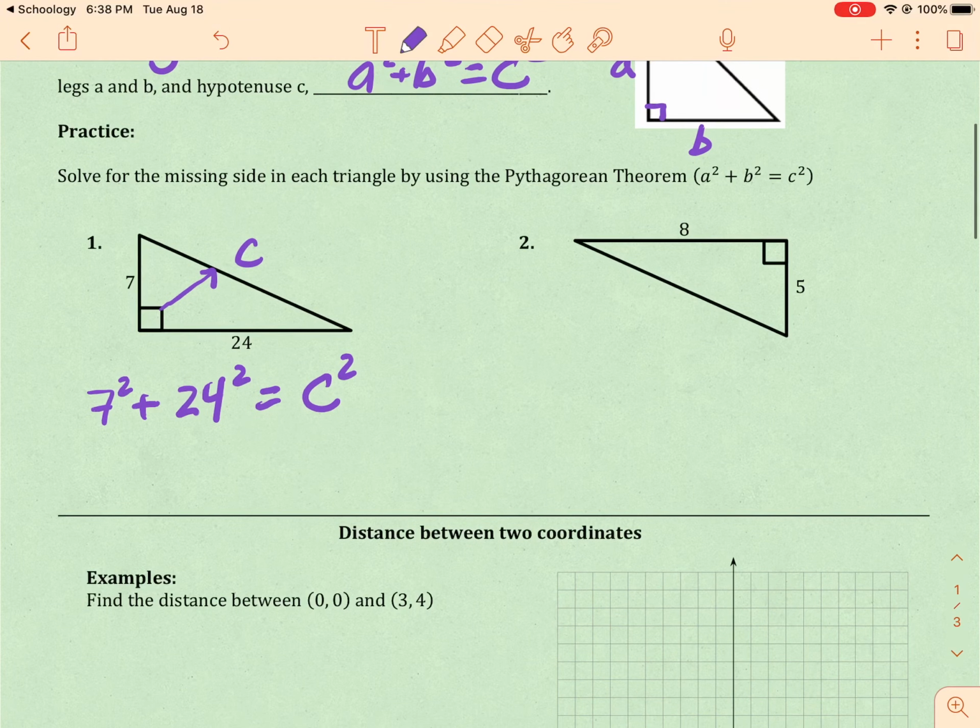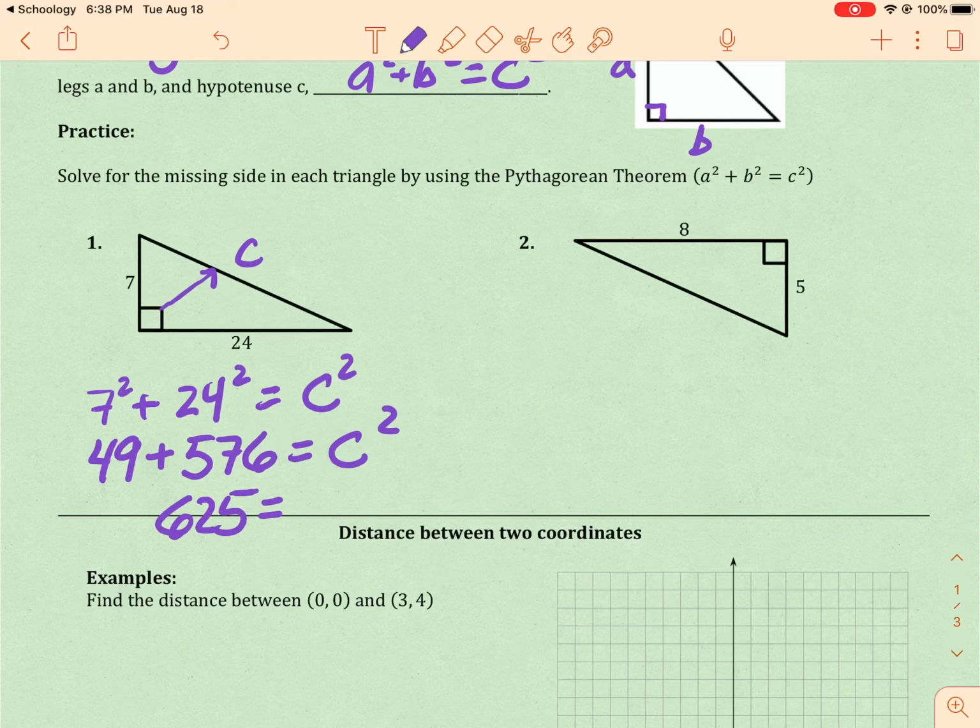You're able to use your calculators. 7 squared is 49. 24 squared is 576. Add those together, and we get 625 is equal to c squared.